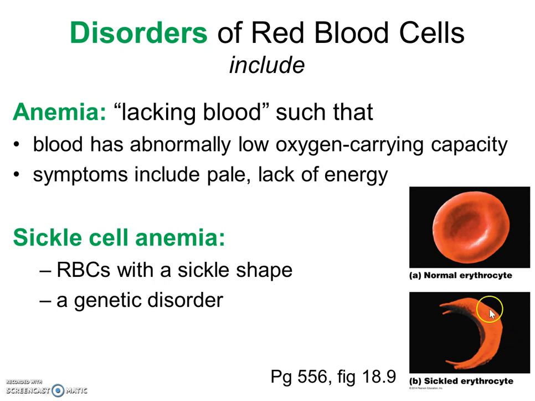In addition, this shape doesn't carry the oxygen as well, so this person will be suffering from low levels of oxygen. Another type of anemia I mentioned earlier was iron deficiency anemia. So remember, that's when the person doesn't have enough iron, so their hemoglobin can't bind the oxygen, again bringing you back to that low oxygen carrying capacity of the red blood cell, resulting in anemia.